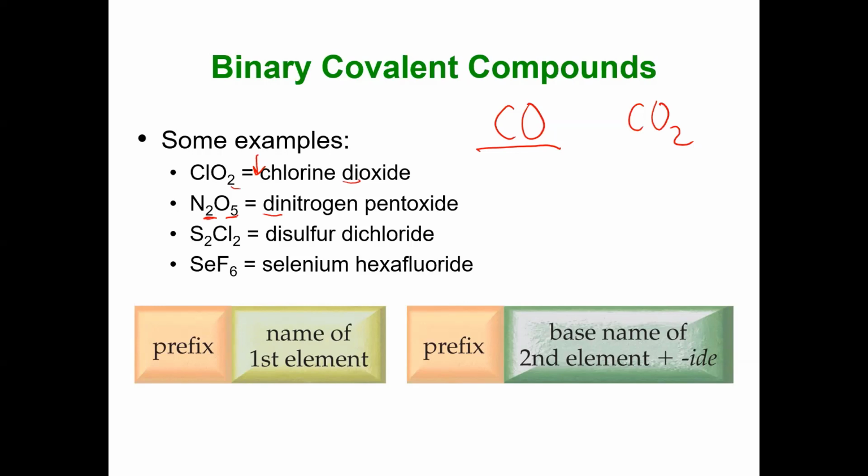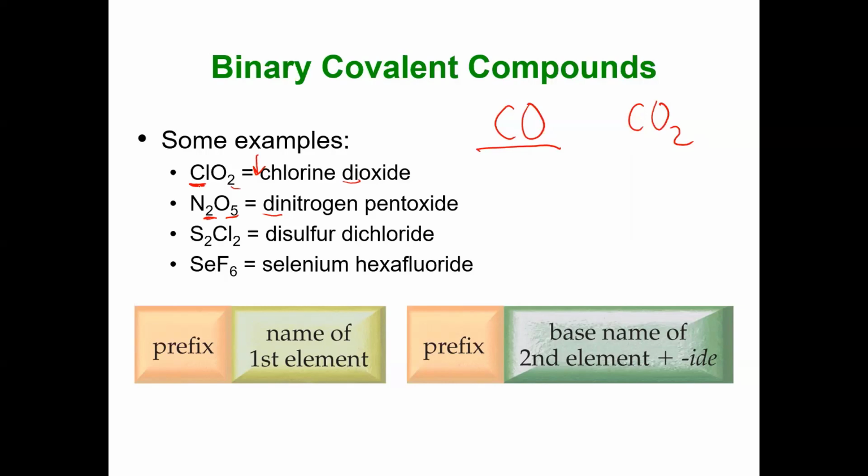So dinitrogen pentoxide. Typically, when you have an A, like in penta or tetra, you're going to drop it in front of the O in oxide. Also notice that the nitrogen is the first element because oxygen is going to be last. The one furthest away, typically from the noble gases, with the exception between halogens and oxygen, like in this case here.